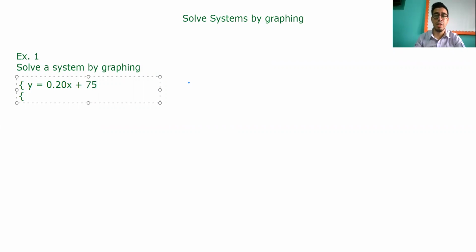The 75 is the cost for the unlimited data. In the other one, for the other company, y is equal 0.25x plus 70. This is the cost for the unlimited data.